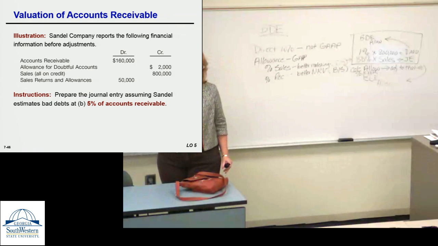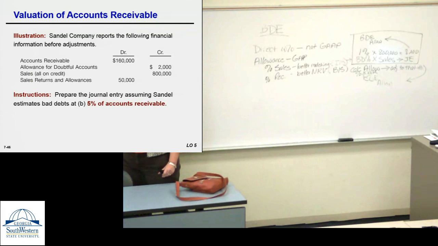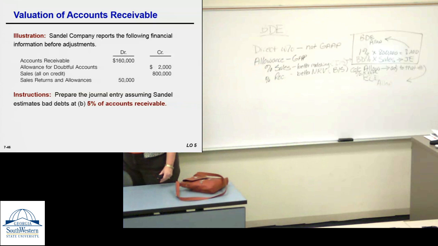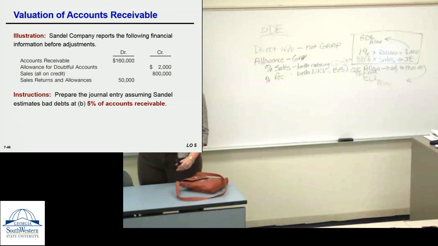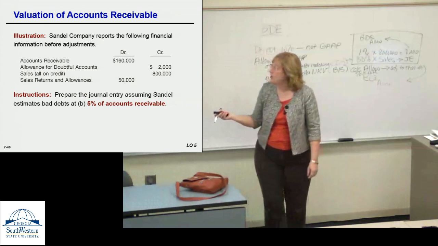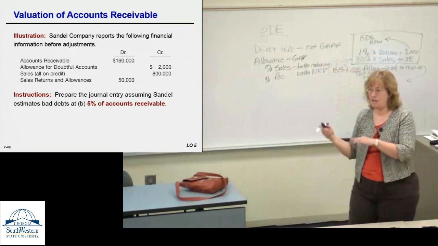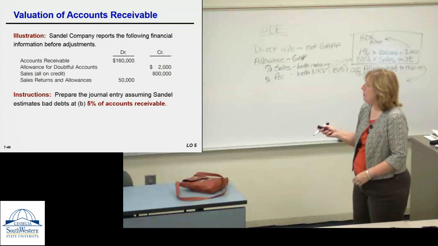We're going back to algebra, pre-algebra. 5% of accounts receivable, make that a word problem. The "of" means what? Multiply, right? So we're just plugging it in, 5% times accounts receivable, which is 160,000. In the other case, 1% of net sales, 1% times net sales, right?